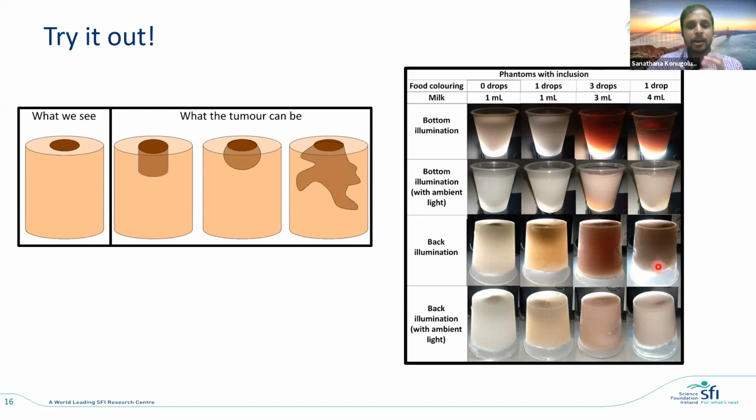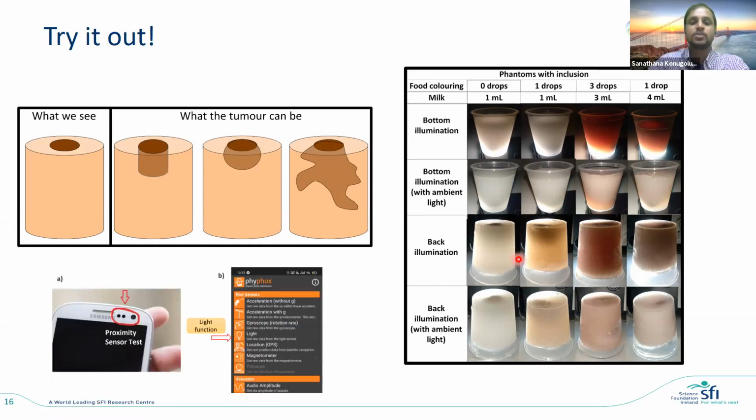Then you can play around with light to see how well you can distinguish the tumor by increasing the absorption or scattering. Absorption by adding ink, scattering by adding more milk. With this, you can make some observations and get an intuitive feel of how scattering and absorption help you, or make it harder for us to see any tumor deep in the tissue.